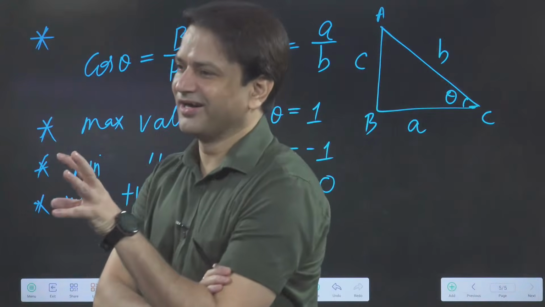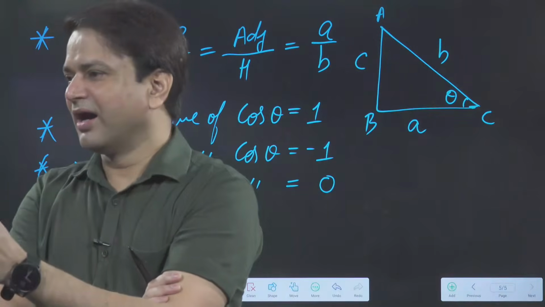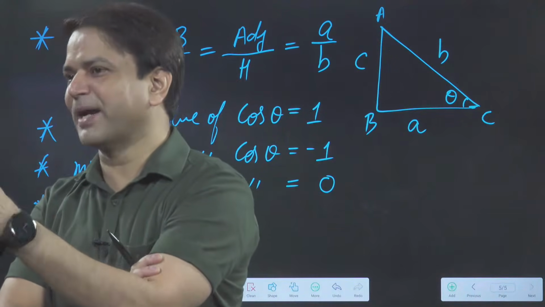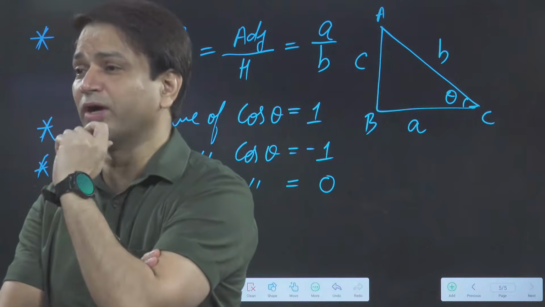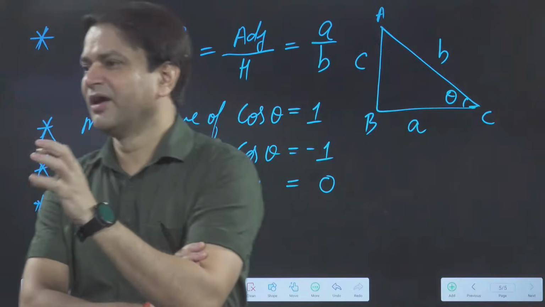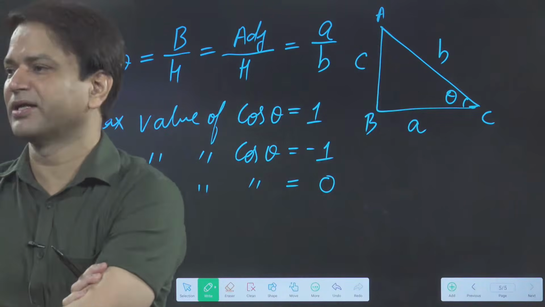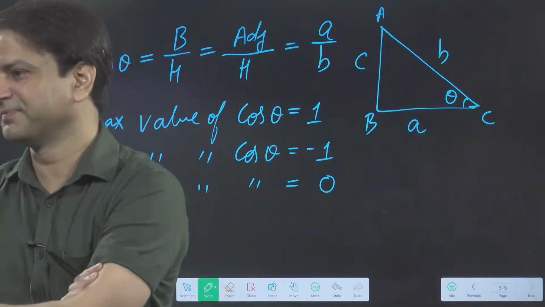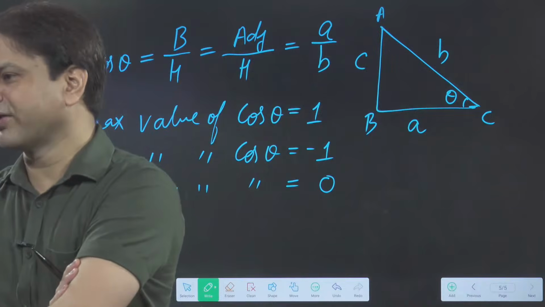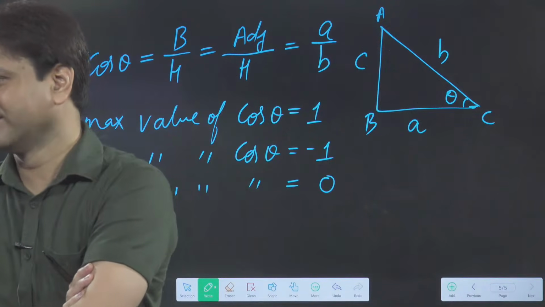Just for your knowledge, who will say in which chapter of physics we are using the maximum value of cos theta as 1 and the minimum value of cos theta as minus 1?